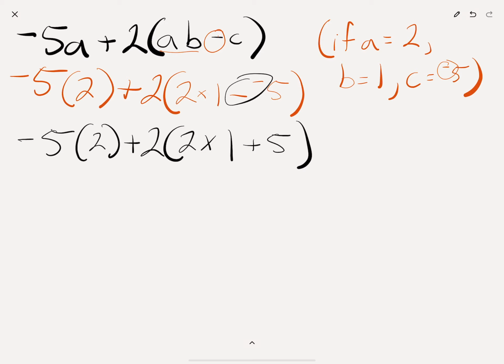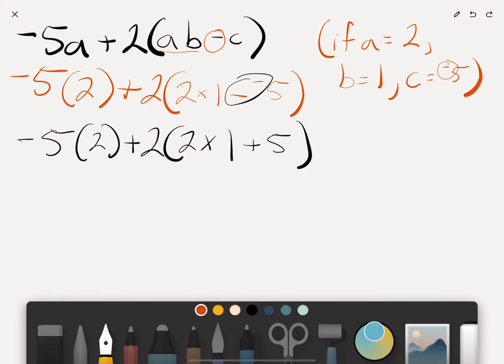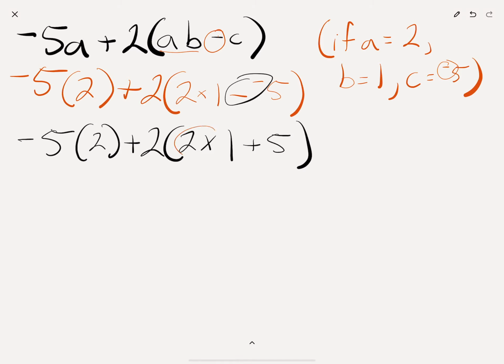Okay, order of operations, now that we have all of our variables substituted with their values. Parentheses first. I do have parentheses. Now in this case I have a couple of different operations going on within the parentheses. When you look inside parentheses and you have more than one operation going on, you basically start over your order of operations. Inside this parentheses I do have multiplication and addition, and we know that multiplication comes first in our order of operations. So 2 times 1 is 2.